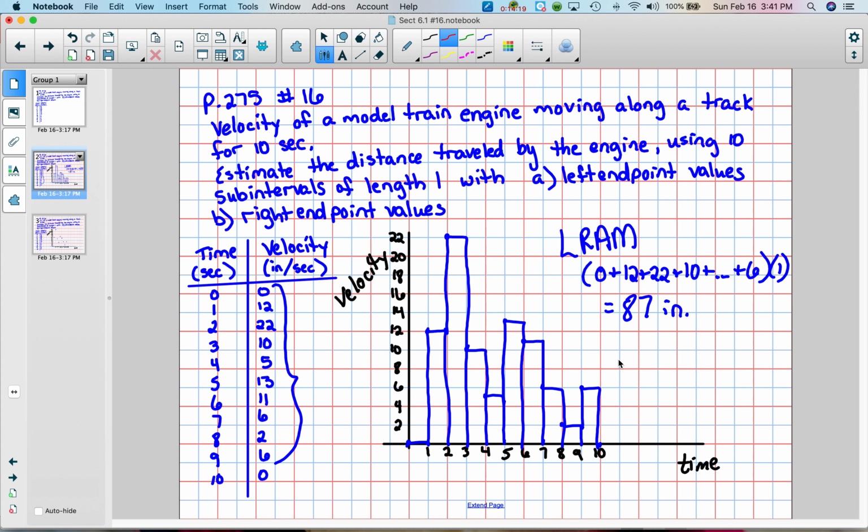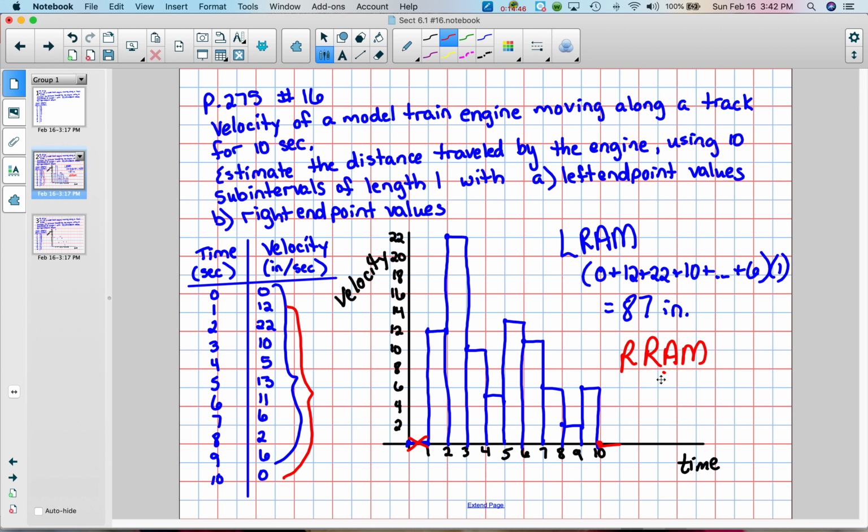Now, to do RRAM, I'm just going to use this on here. It's just going to be using the right endpoints instead. So I won't have this. Instead, I would have this as my last one. So using right endpoints, the 1 and then the 2 and then the 3, so I wouldn't use the 0. So it would be these instead.